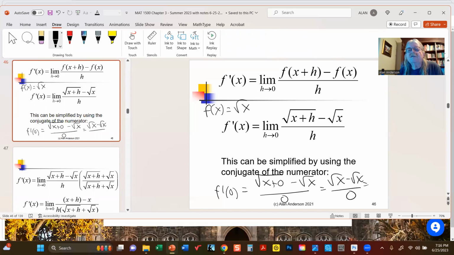Well, we've seen this before, 0 over 0. So we need to find a way to rewrite this function in such a way that the limit is defined, if it's possible. I mean, it's possible that it's not possible. But let's see what we can do.